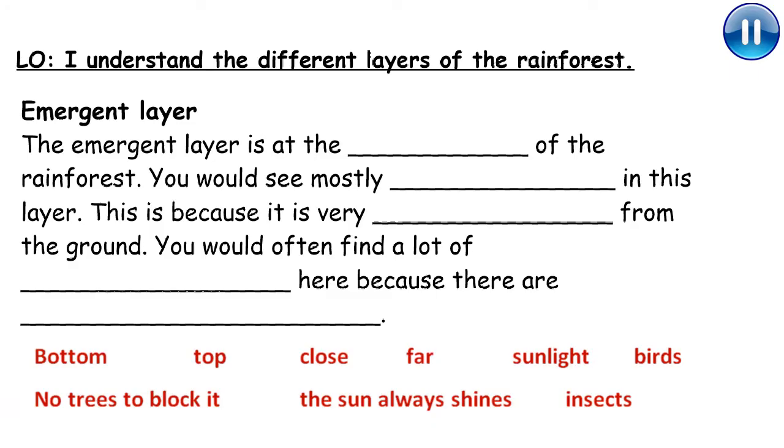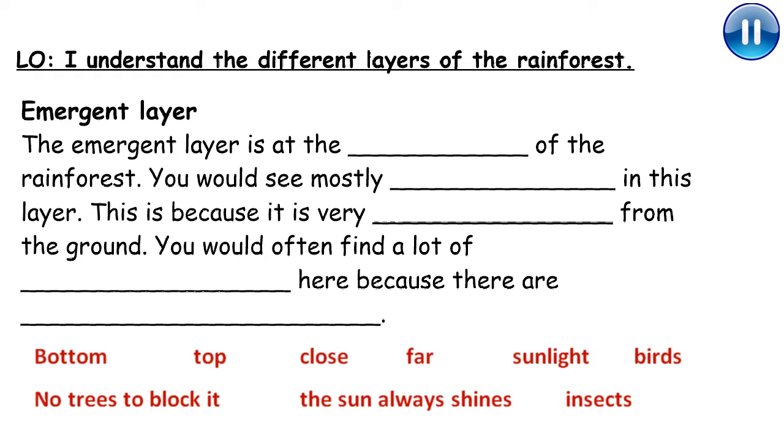Now what I'd like you guys to do is have a go at this little cloze procedure. So we've learned a little bit about the emergent layer. So I've given you a word bank with words and phrases that might fit into the gaps in this paragraph. All right, so what you need to do is have a read through the paragraph with the missing words, and then I want you to write the paragraph again, putting the missing words in so that the paragraph makes sense.